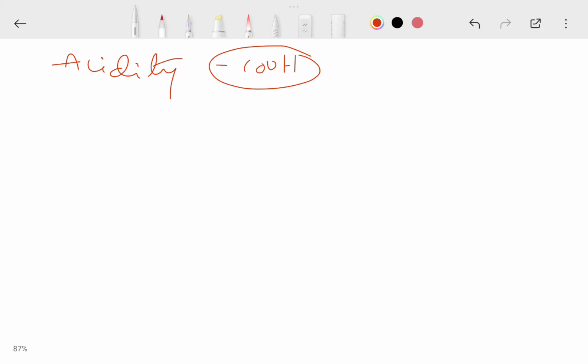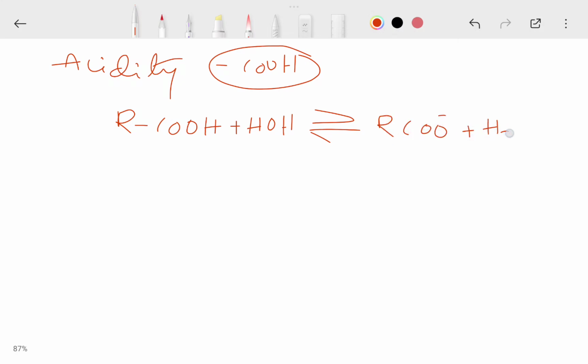For example, I can write RCOOH plus H2O in equilibrium with RCOO minus plus H3O plus. Carboxylic acids are proton donors. Proton donors are acids. Carboxylic acids are also proton donors, that's why they are also acids.